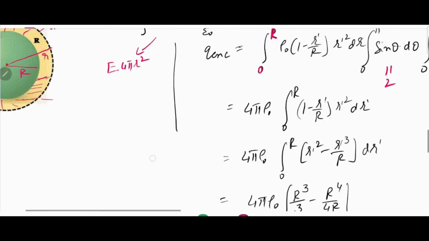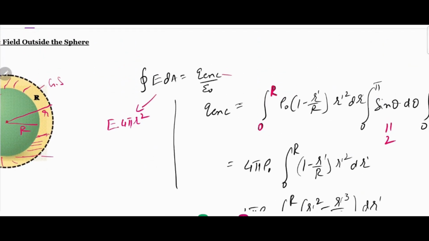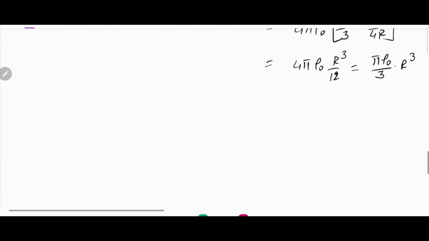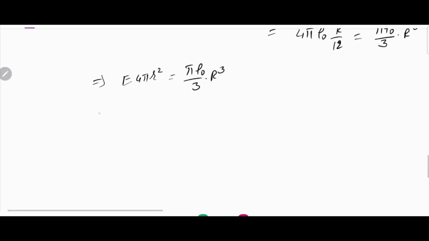So for Gauss law, we have solved this particular value and this particular value. Now we will plug both these values into Gauss law. So here we will get E into 4 pi small r square is equal to pi into rho naught by 3 into R cube. So here E will become, outside, rho naught R cube divided by 3 into 4 pi into epsilon naught small r square.